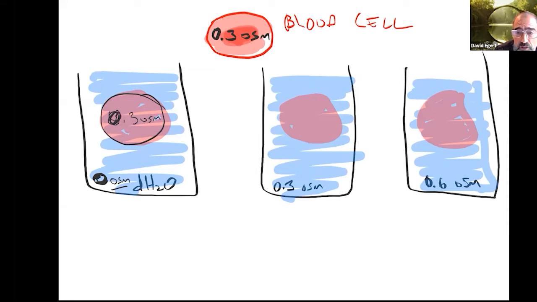So whenever you have a solution that has a lower osmolarity than a cell, you say it's a hypoosmotic solution. Hypo meaning below, right? A hypodermic needle goes below your skin.